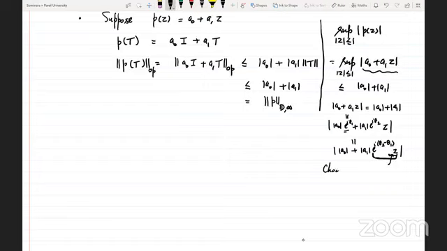So choose Z equal to e raised to i minus of this. So e raised to i theta 1 minus theta 2, right? If you do that, what will happen? It will be e raised to i theta 2 minus theta 1 multiplied by e raised to i theta 1 minus theta 2, which is 1, because they are conjugate to each other. Okay, so for that reason, it is not only less than or equal to, but it is actually equal to.